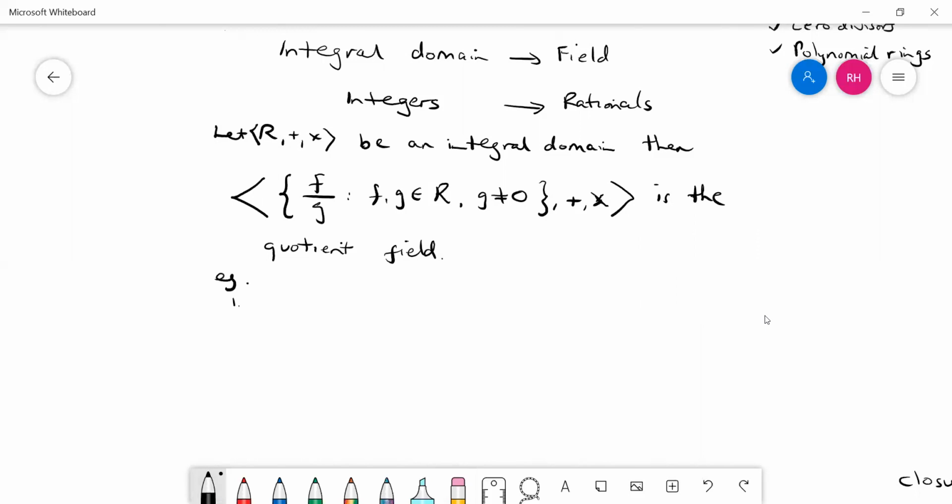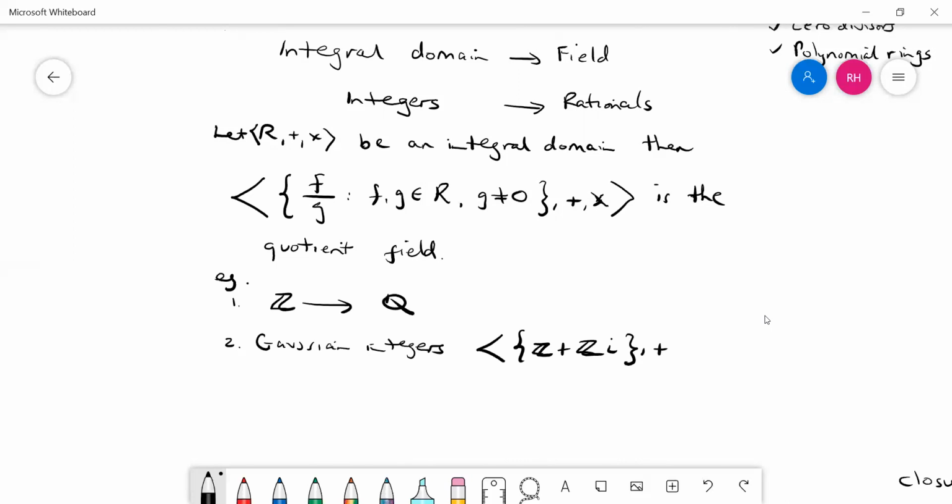So let's do some examples. The first example is the integers becoming the rationals, which we've discussed a bit. The second one is what are called the Gaussian integers. This is the set of any integer plus any integer times i, where i is the square root of -1. This is a complex example, and we'll use the normal addition and multiplication that we use for complex numbers.